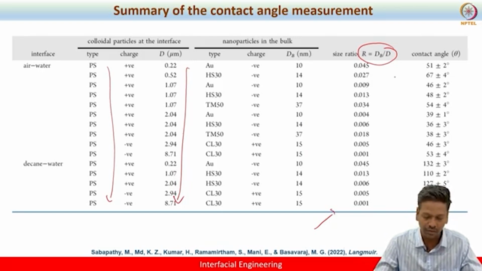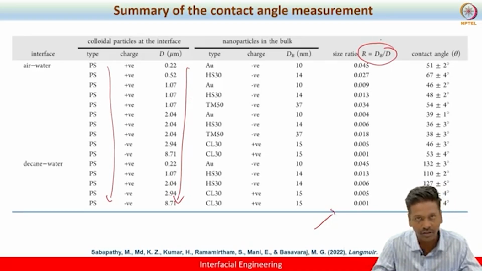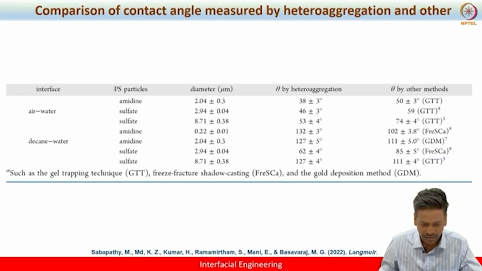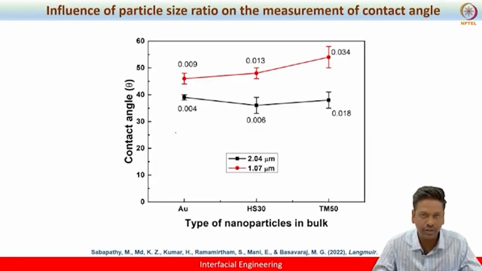So let's say you want to measure the contact angle of a 2.2 micron particle, then if the nanoparticle that we employ in the bulk is very small, the accuracy is better. So that's what it comes to say. Okay, and this is the comparison of contact angle measured by heteroaggregation, right? So this says that if the ratio is very small, then the accuracy will be better.